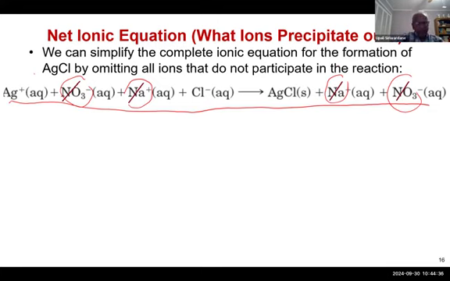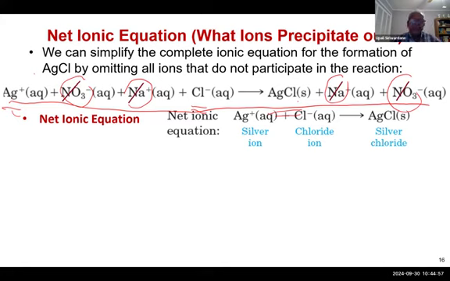Only what happens is a reaction between silver ions and chloride ions, forming a silver chloride solid. Therefore, the third way to show what really takes place in a precipitation reaction is the net ionic equation.